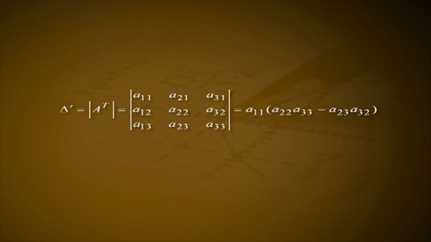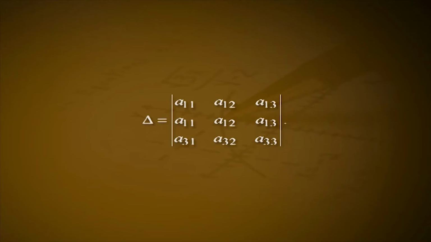Then delta dash is equal to determinant of A11, A21, A31, A12, A22, A32, A13, A23, A33, which is equal to A11 into (A22 A33 minus A23 A32) minus A21 into (A12 A33 minus A13 A32) plus A31 into (A12 A23 minus A13 A22), which is equal to A11 into (A22 A33 minus A32 A23) minus A12 into (A21 A33 minus A31 A23) plus A13 into (A21 A32 minus A31 A22) by a rearrangement of terms, which is equal to delta, proving property 1.